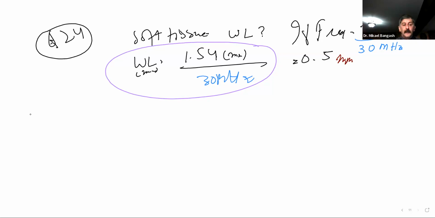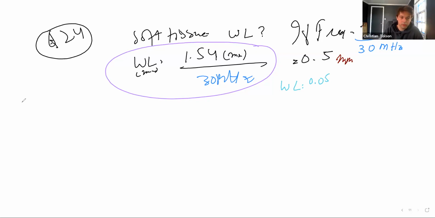What do you think your wavelength would have been then? 0.05. Horses or donkeys? Millimeters. Good.